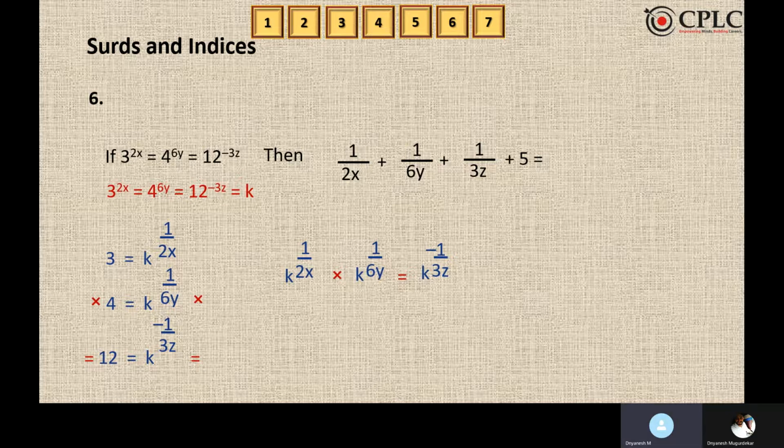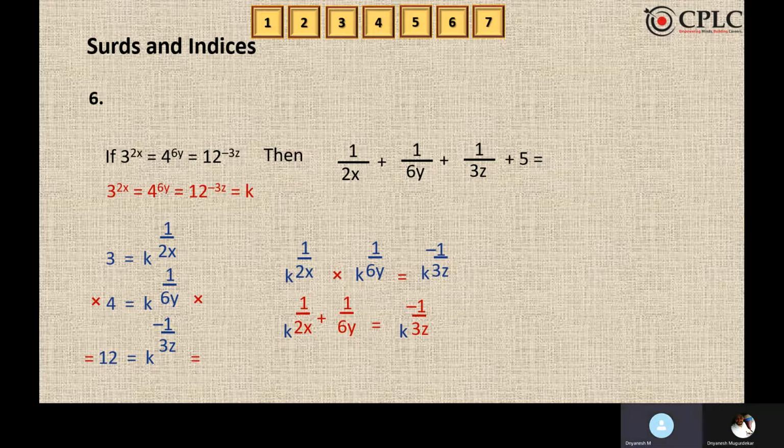By the laws of indices, the base is the same, and whenever there is multiplication in between, the powers are added. Then we shift k raised to minus 1 by 3z to the right side. It becomes plus, and the entire thing is equal to 0. Cancel out k from both the ends.